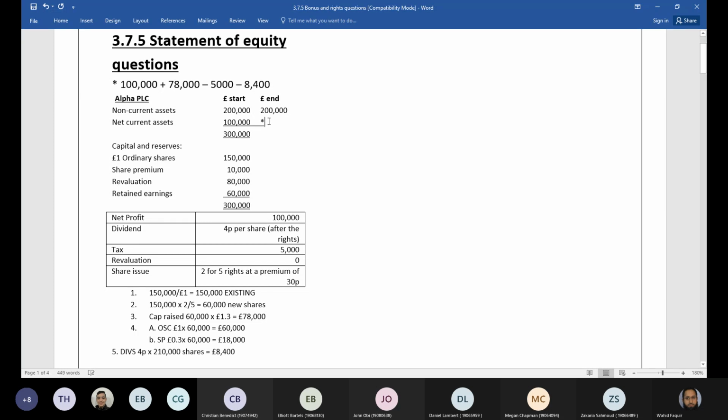So this figure here should change. 100,000, check that out please. Have I transferred the figures across? 100,000 plus what we've raised in the bank minus the current liability that we owe for tax and minus the current liability that we owe for dividends.